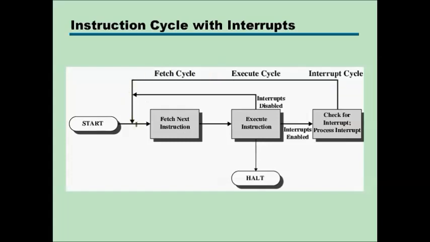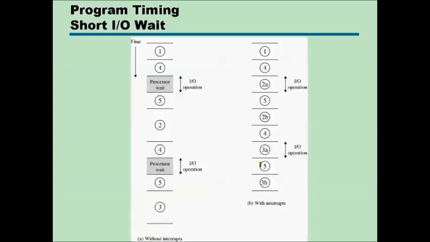So next, fetch the next instruction, execute the instruction, interrupt is disabled. Okay, so no interrupts. Fetch the next instruction, execute the instruction. So next is halt or temporarily stop. So this is the instruction cycle with interrupts. So program timing, short I/O wait. So this is the diagram.